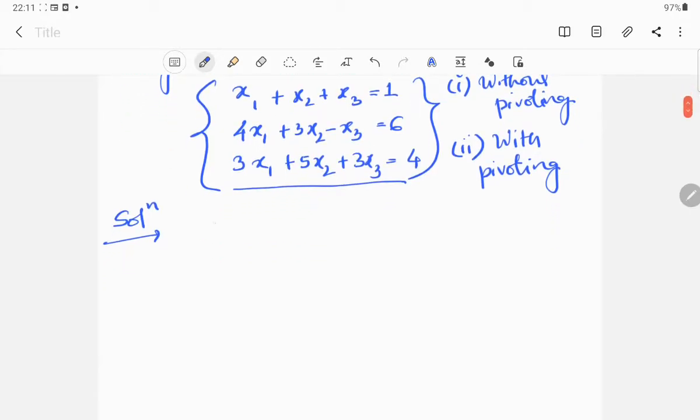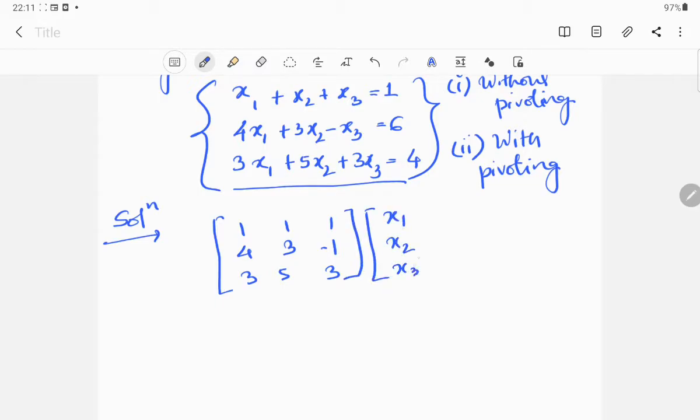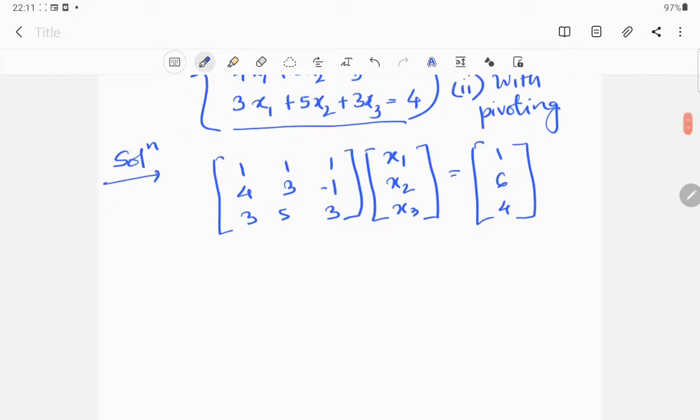The matrix form will be 1 1 1, then 4 3 minus 1, and then 3 5 3, then x1 x2 x3, and it equals 1 6 4. So this is the matrix form.